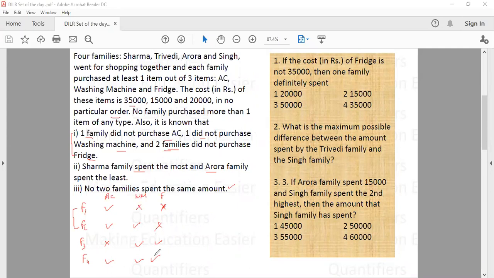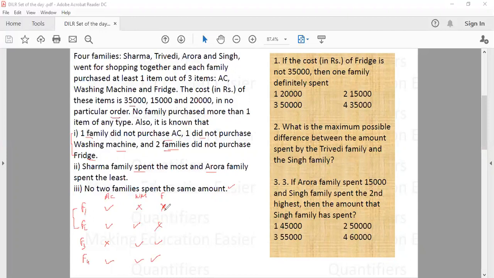All the families cannot avoid AC or fridge or washing machine. That means there will be a family purchasing all three items, and in this case that family is F4, right? That can be F3 also, that is a different case, but it won't make any difference, since I have not given the names to the families.